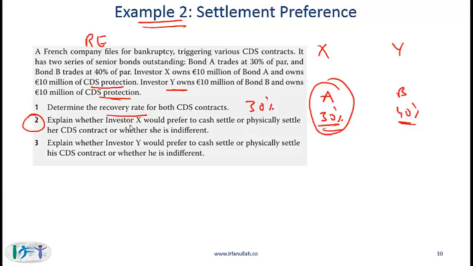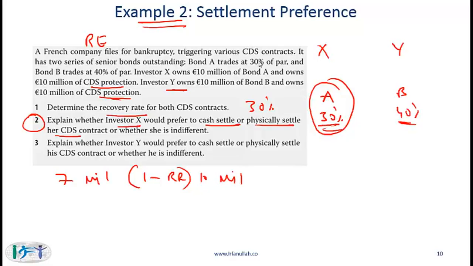Next part, explain whether investor X would prefer to cash settle or physically settle her CDS contract, or whether she is indifferent. The answer is that she would be indifferent, because if she cash settles, she would get 7 million, which is 1 minus the recovery rate multiplied by 10 million, plus the bond would be worth 3 million.